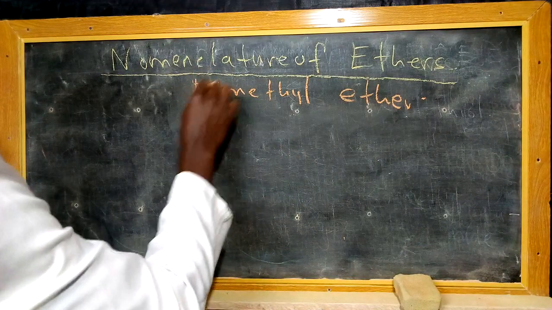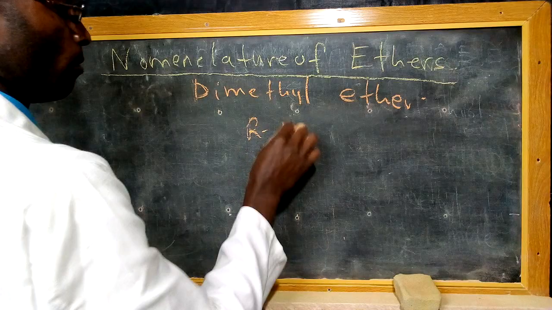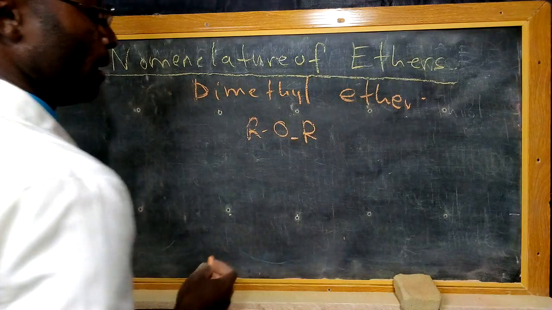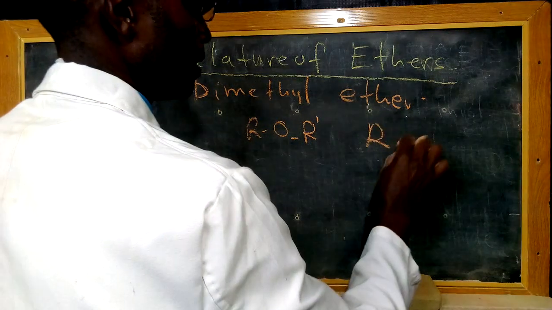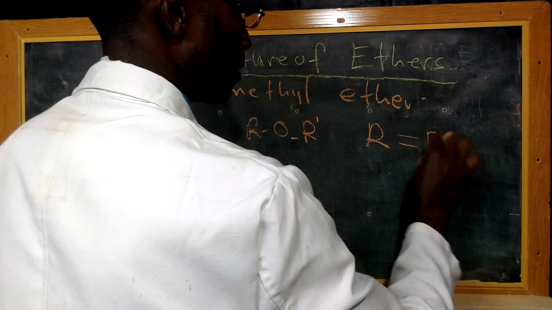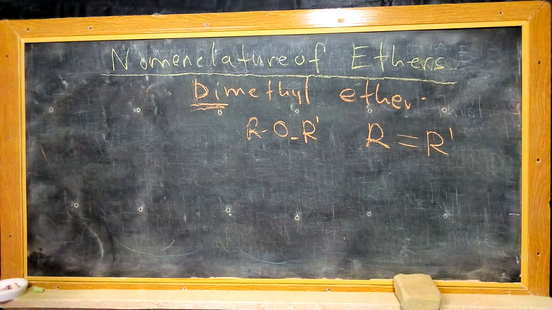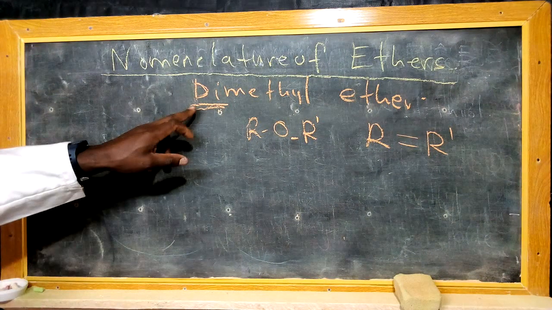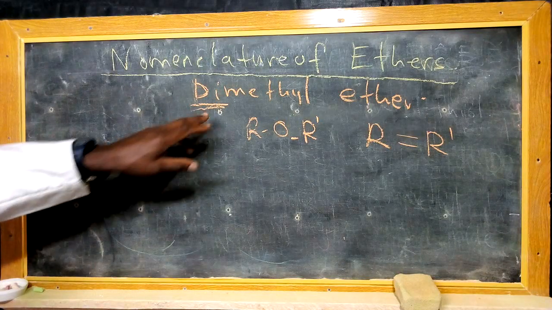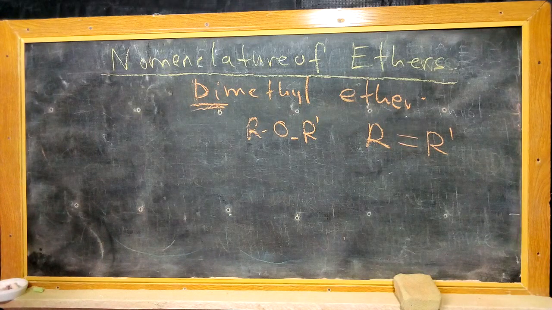This is dimethyl ether, and for the general case of an ether where R is similar to R prime, we take the prefix for the parent group as di, so it is dimethyl. There are two methyls attached to that functional group, so we have dimethyl ether as the name.